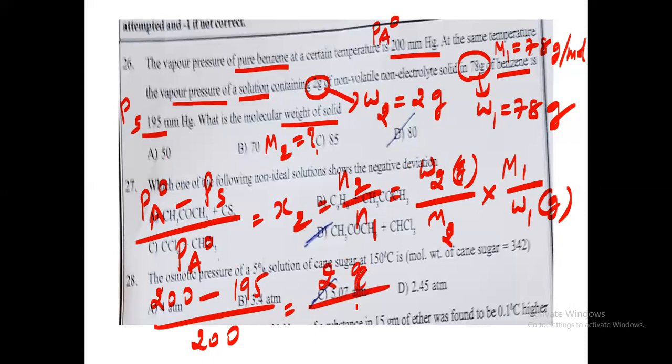Now your PA naught is given as 200, minus PS, which is 195, divided by PA naught, 200, is equal to W2. W2 is 2 grams, so 2 grams by the gram molecular weight of solute, which we need to calculate.